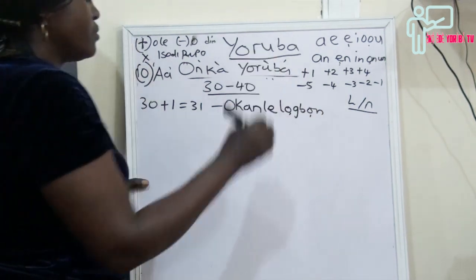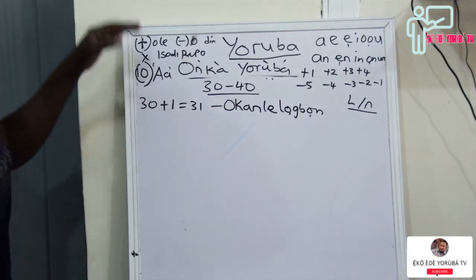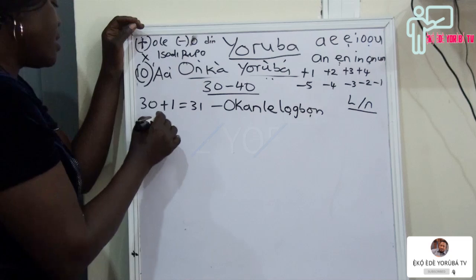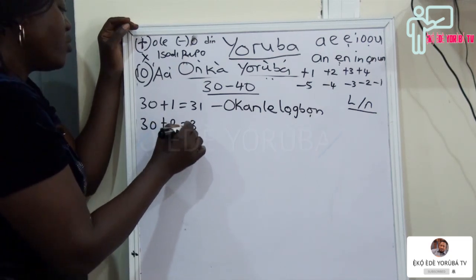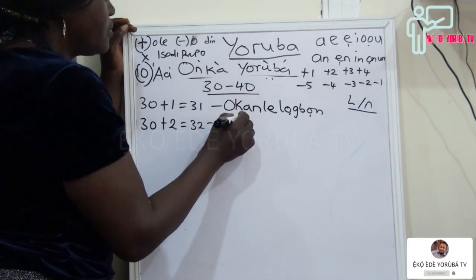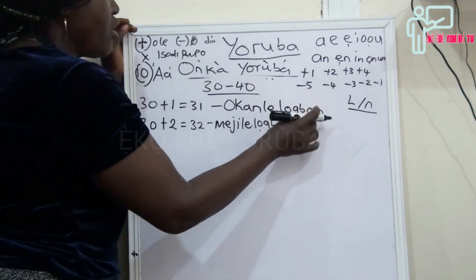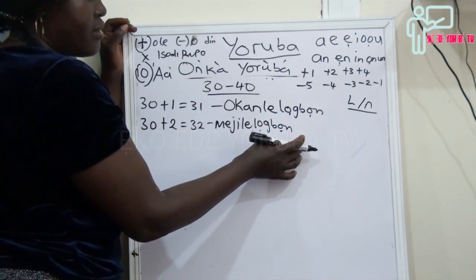Ọ̀kànlélọ́gbọ̀n, which is 31. 30 plus 2, which is 32, means méjìlélọ́gbọ̀n. You know we are using ọgbọ̀n now, 30.